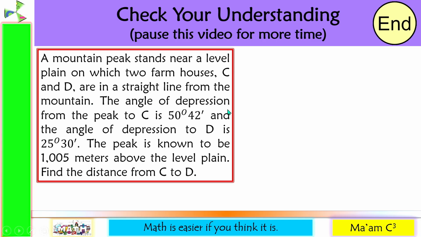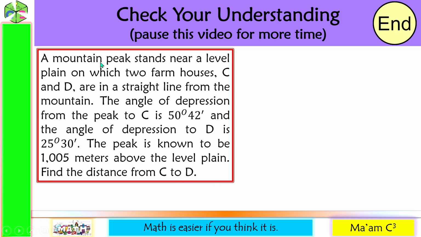The angle of depression from the peak to C is 50 degrees 42 minutes, and the angle of depression to D is 25 degrees 30 minutes. The peak is known to be 1,005 meters above the level plain. Find the distance from C to D.